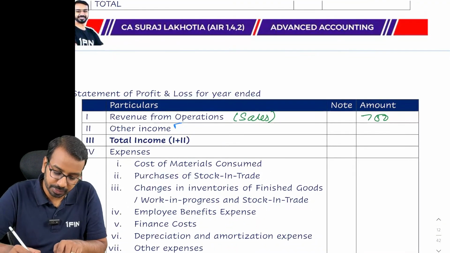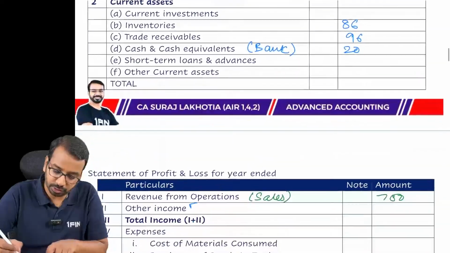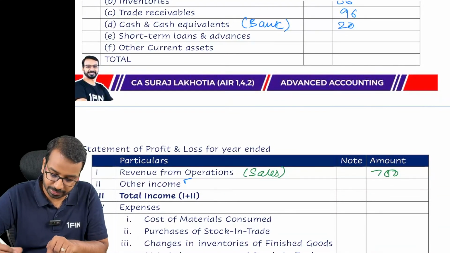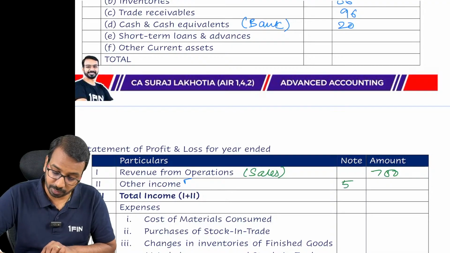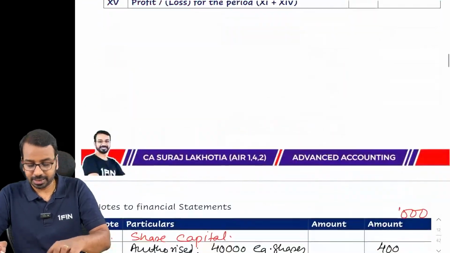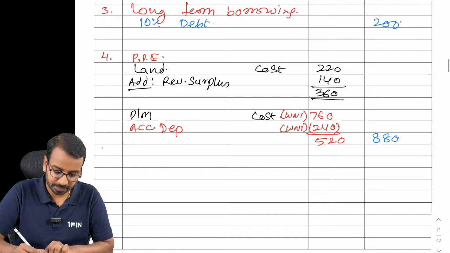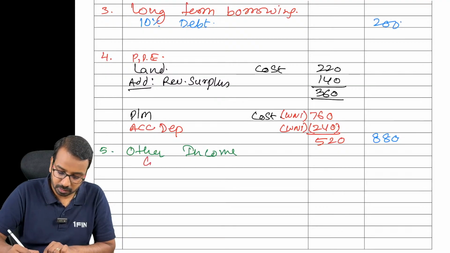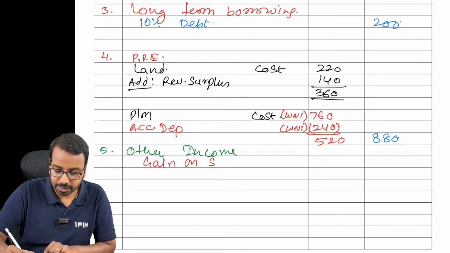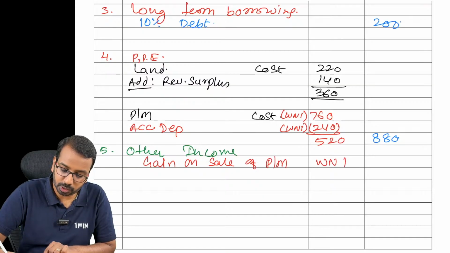Then other income. Now for other income, let us have a schedule number 4, depends on what you write as the schedule number. Other income schedule number 5, okay, that is gain on sale of machinery. 5 is other income, gain on sale of plant and machinery from working note number 1.